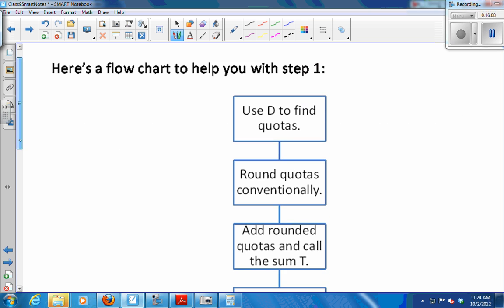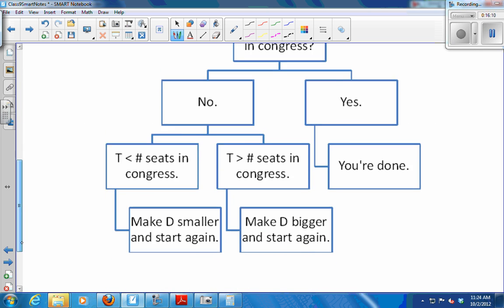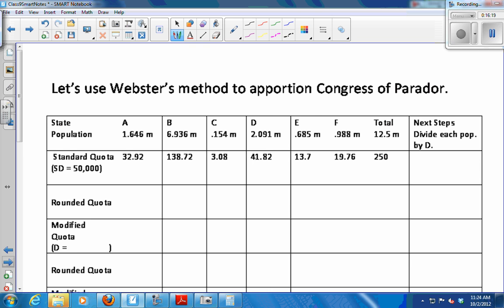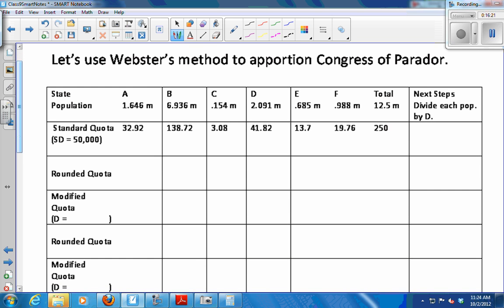So we use the same flow chart, the exact same one, right? If T is too small, make D smaller. If T is too big, make D bigger. And I want you to try in your groups to apportion Parador using Webster's method.